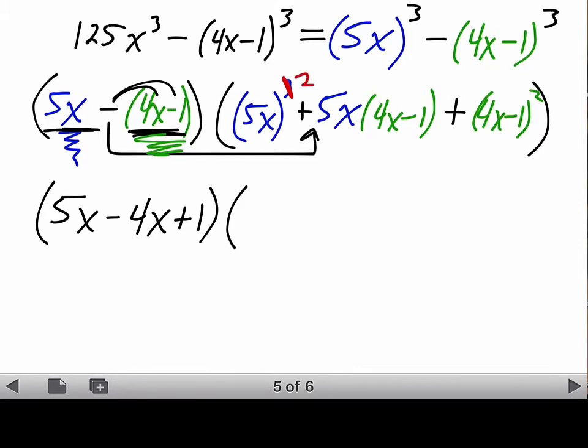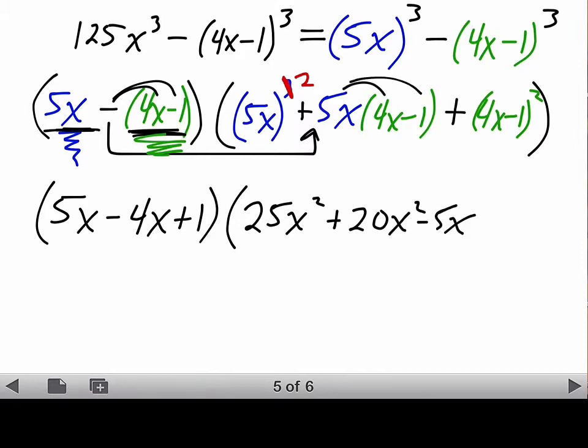My bad. Alright, simplifying that, I get 25x squared plus 20x squared minus 5x, that's from distributing the 5x, and then squaring this binomial 4x minus 1, I think I'm going to have to spill over to the next line, is 16x squared minus 8x plus 1.